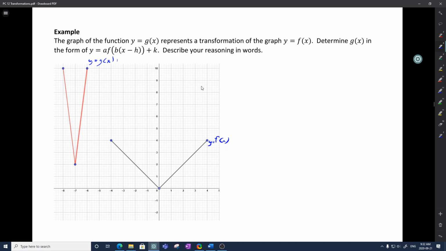So this is transformed to become that. Determine g of x in the form of y is equal to a f open brackets b open brackets x minus h close brackets plus k. Describe your reasoning in words.